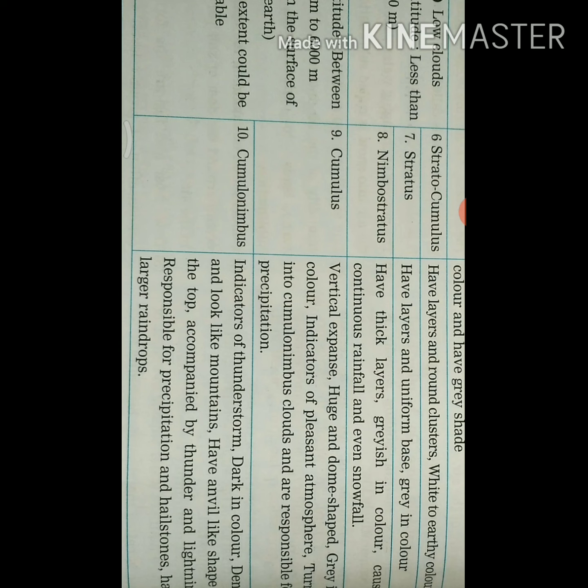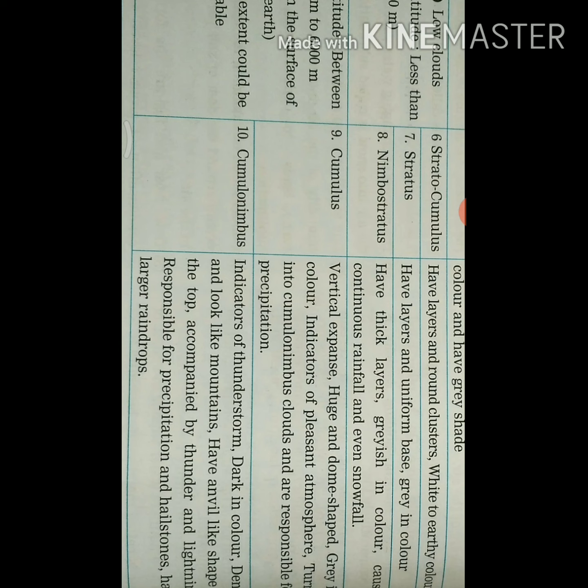Okay, indicators of thunderstorm and dark in color. Accompanied by thunder and lightning, responsible for precipitation, and hailstones have larger raindrops. Through these clouds we can see the hailstones. Hailstones, you know it very well, the gara, we can say in Marathi, and have larger raindrops.